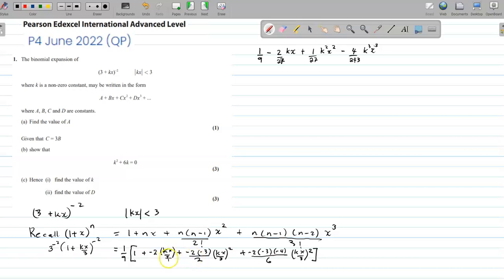So upon simplifying this line and distributing the 1 over 9 throughout, we get a as 1 over 9. So we're going to write it in this form now. We can just write it underneath here: a plus bx plus cx squared plus dx cubed.